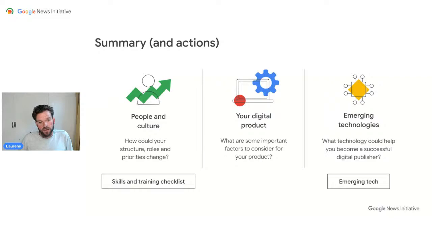So, to summarize all this that we've covered in this session today, it starts with people and culture. How could your structure, roles, and priorities change? And to go into the question that was answered just a few moments ago, is convergence really helping? Just take a look at some case studies.